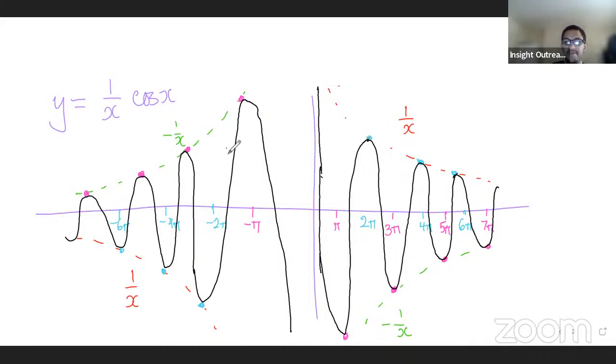And I believe graph sketching questions come up in almost all STEM subjects. If you do maths, computer science, engineering. I think chemistry a bit less so, but they can ask it because it can come under the physical chemistry side. And physics and engineering will use it quite a lot.